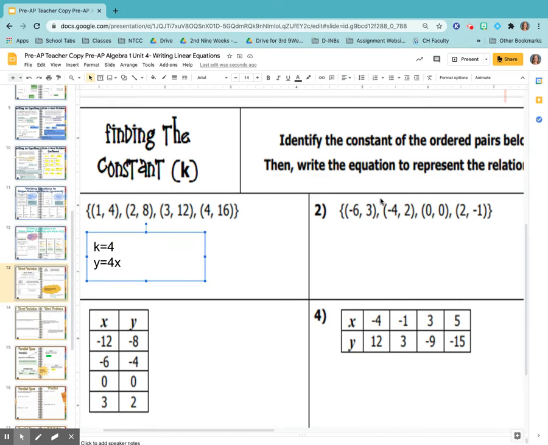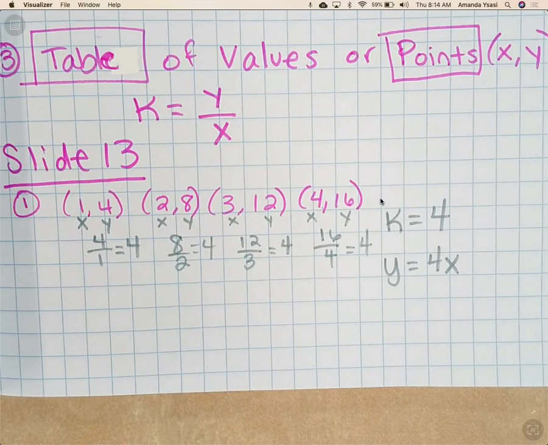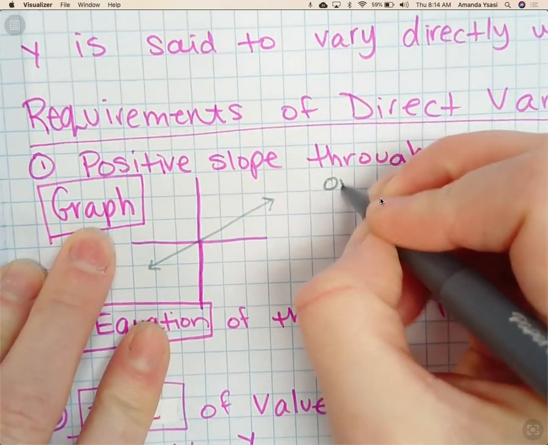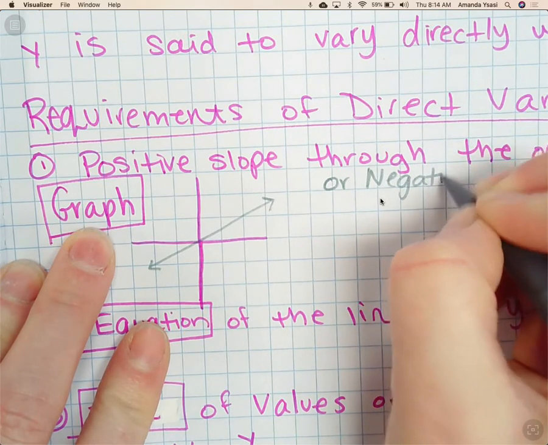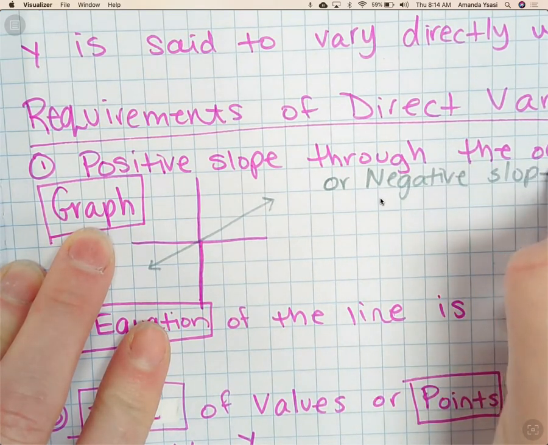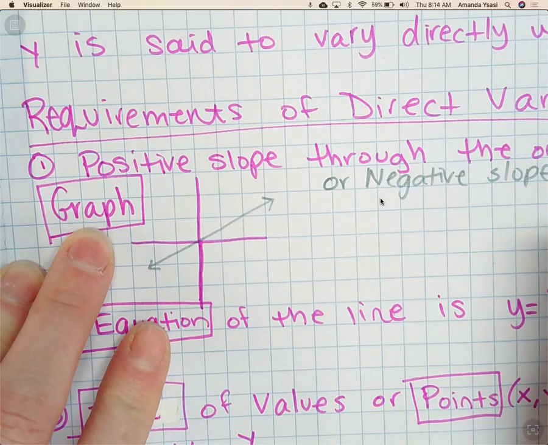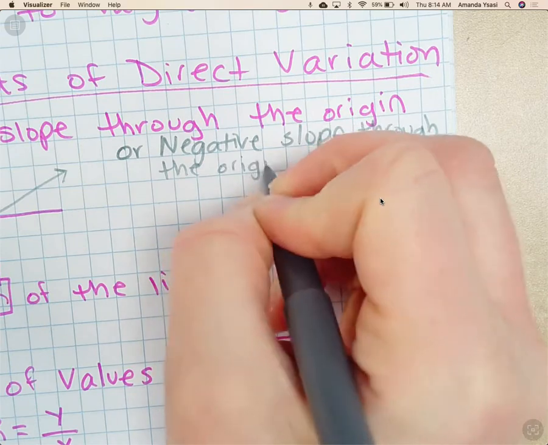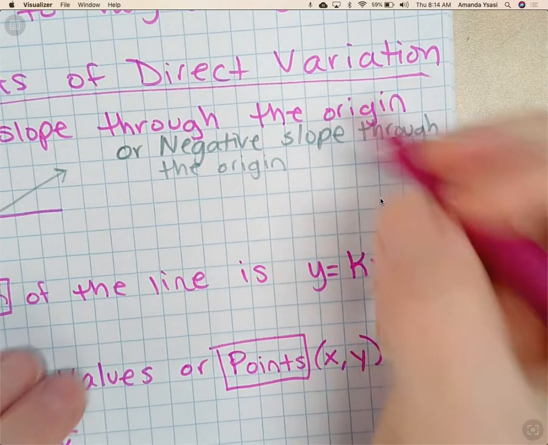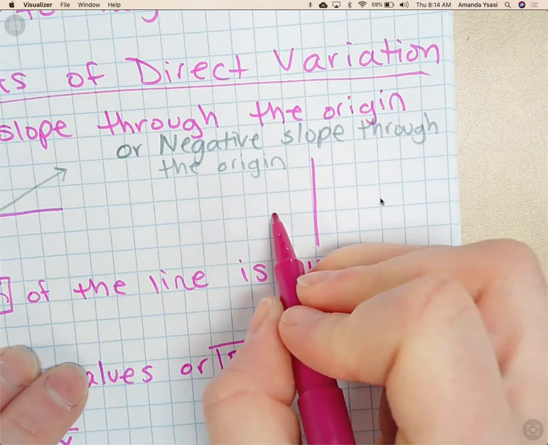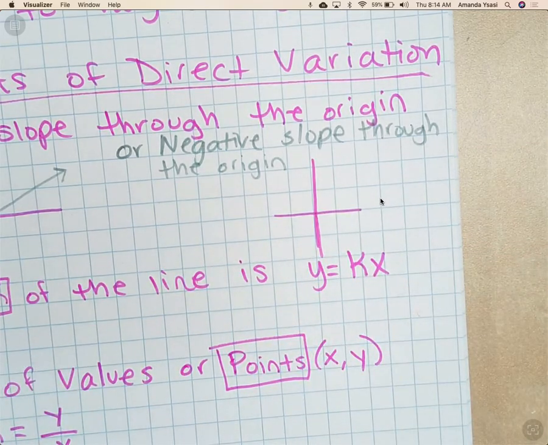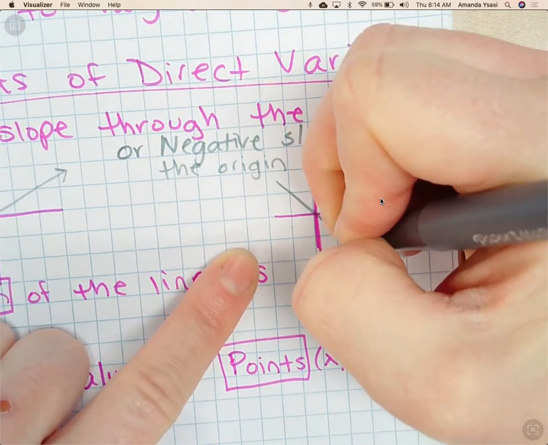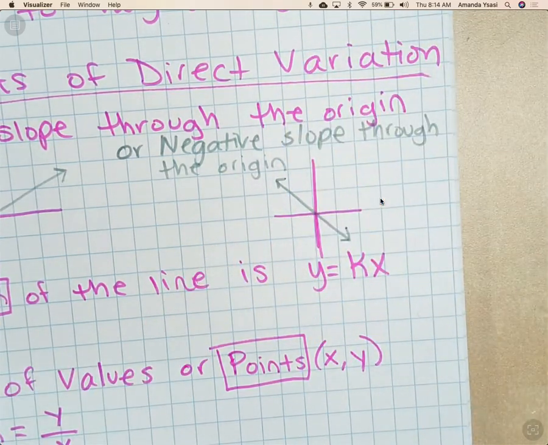So I believe I made a mistake on our notes then, because we can have positive or negative slope through the origin. So I'm going to draw a little line, negative slope through the origin.